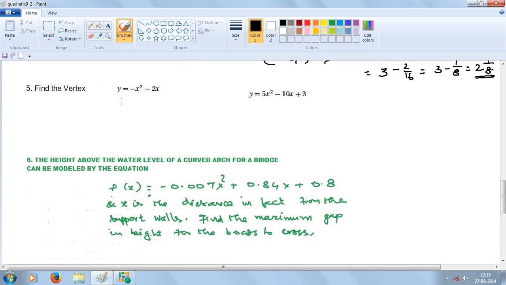So how do we do it? y is equal to, we can take x common, minus x multiplied by x plus 2 is the equation. When y is equal to 0, either x is equal to 0 or x is equal to minus 2.